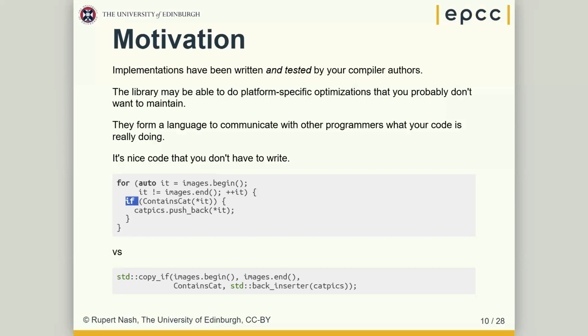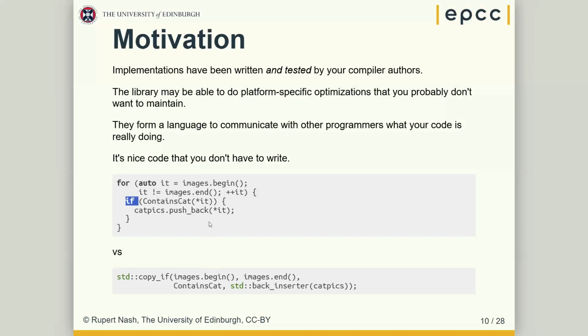If the item in the container that the iterator is attached to contains a cat, I have some function containsCat that checks that, and then I'm going to push it back onto my directory of cat pictures, whatever. That's several lines of code.